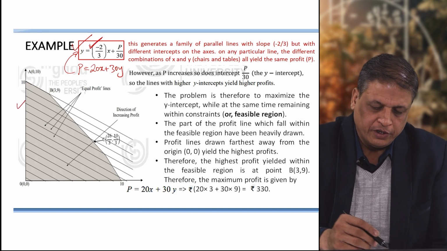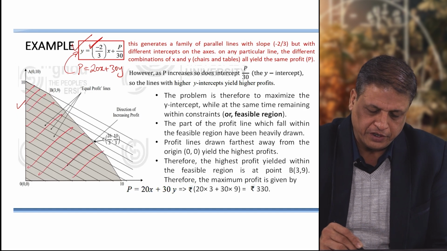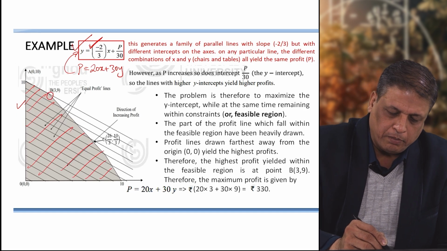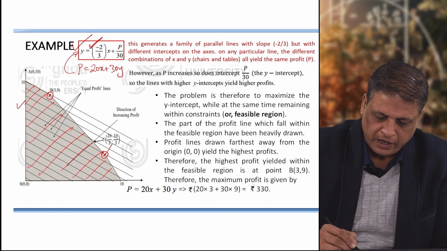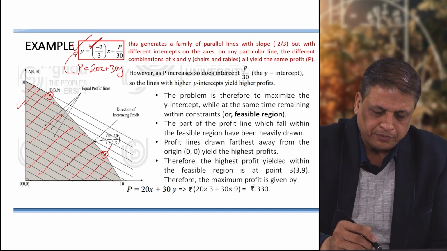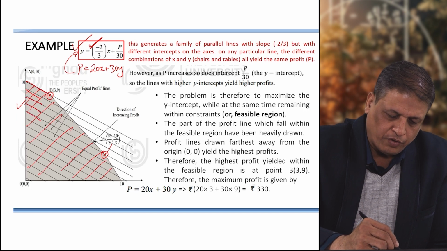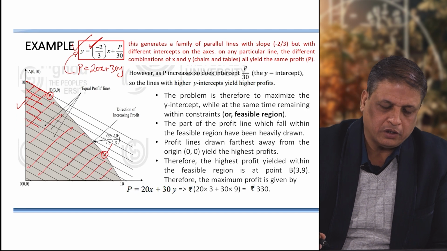Likewise, over here, this shaded region is the feasible region which we determined in our last slide, and this point is 3 comma 9 which we determined, and this is the same 26 by 3 comma 10 by 3. And all these parallel lines you are seeing are y is equal to minus 2 by 3 x plus P by 30.